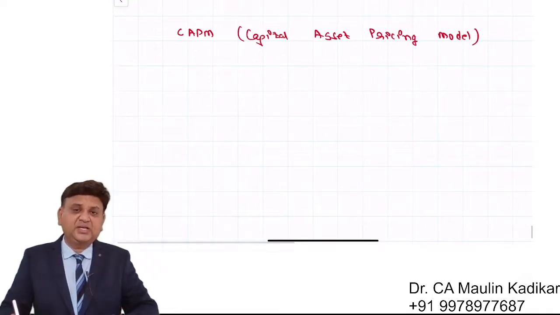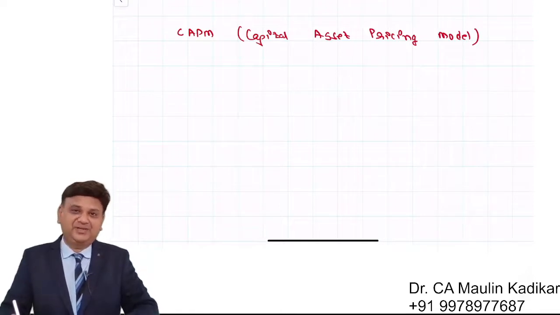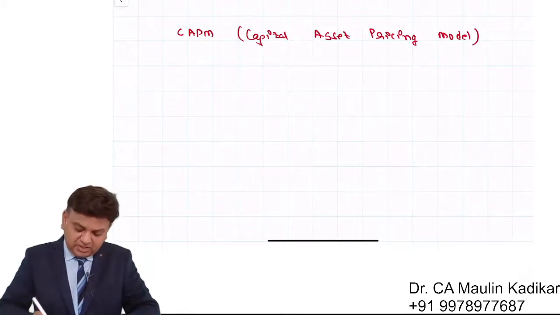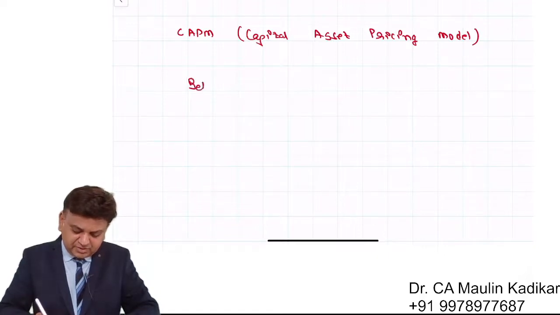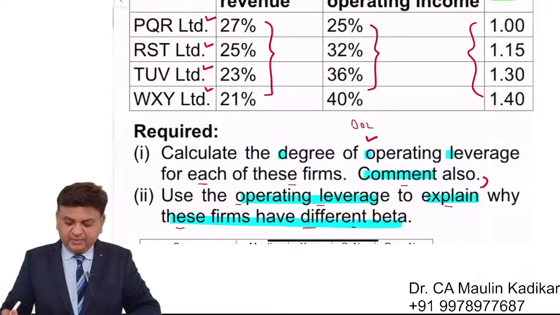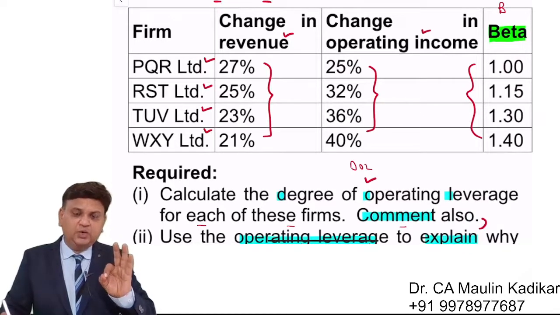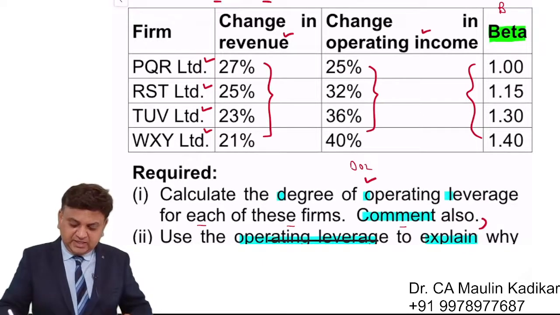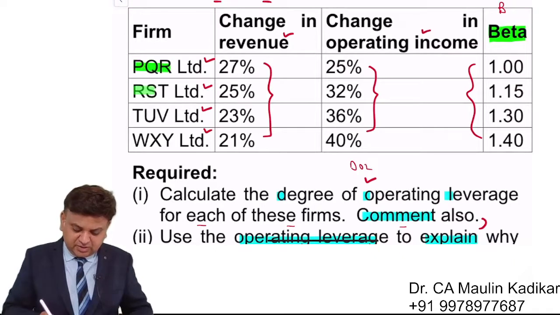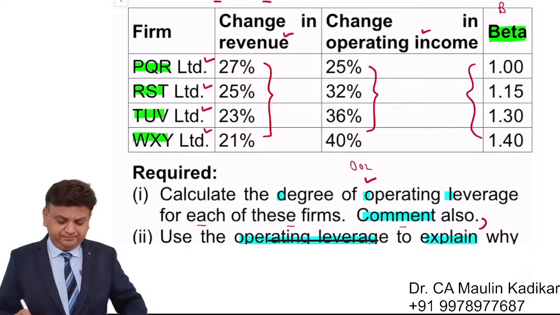CAPM measures the risk in the security, the risk in any project, and it measures the risk in the form of beta of the security, in terms of beta of the project. So over here, we have been provided with the information of what sort of beta, what sort of risk, each of the securities has.